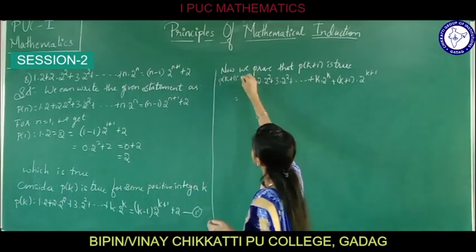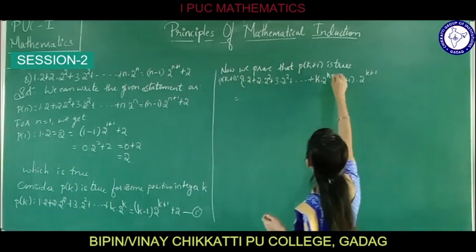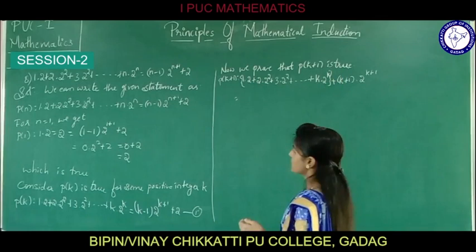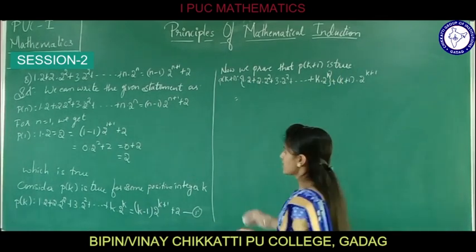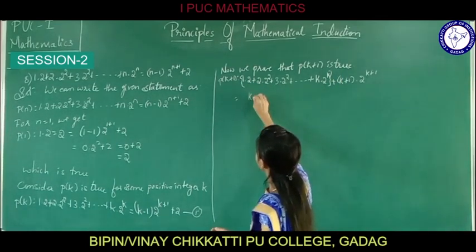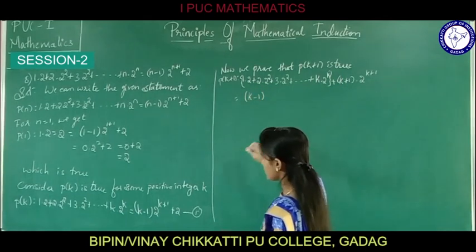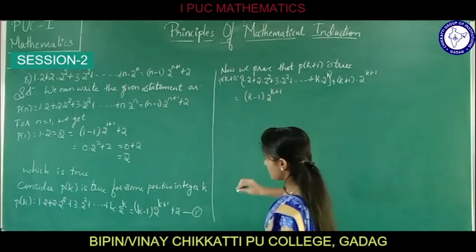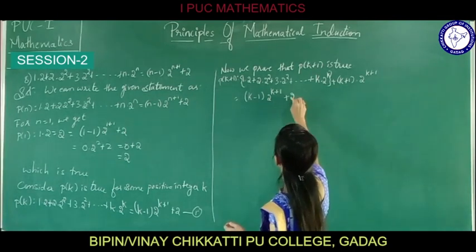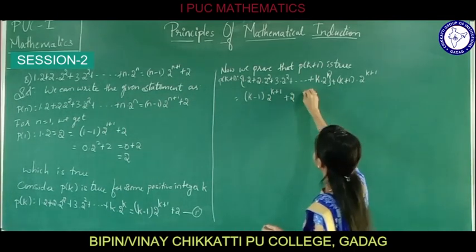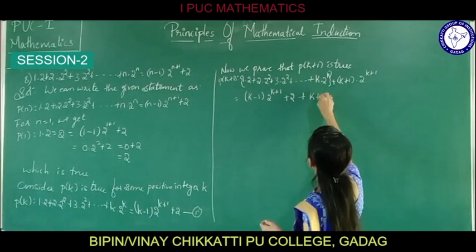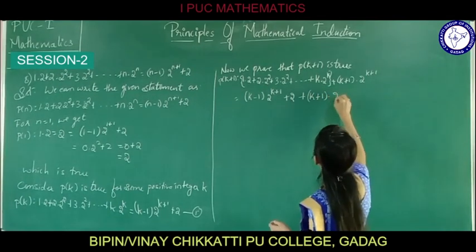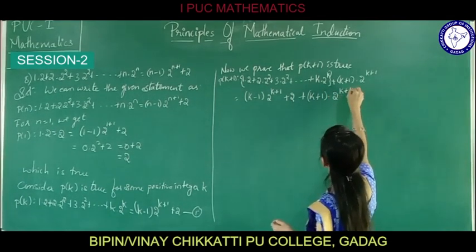This, that is 1 into 2 so on up to k into 2 raised to k, can be written as k minus 1 into 2 raised to k plus 1 plus 2. Again we are left with plus k plus 1 into 2 raised to k plus 1.